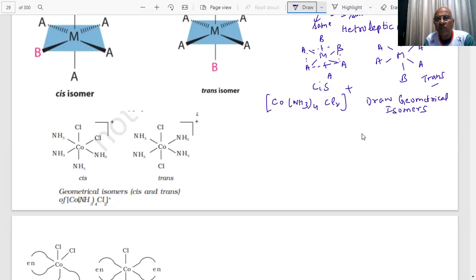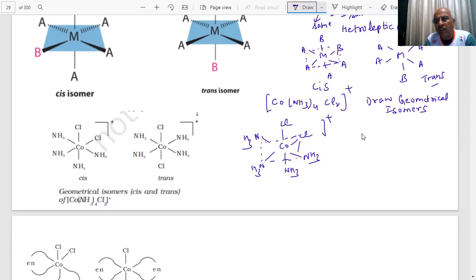How will I draw, student? I told you a very simple thing. What I will do in the exam, student: you already know what octahedral is, something like this. You are aware of this bond, student. This is square planar and like that. I will put Cl. There are two Cl. I put Cl here and Cl. Then the rest four I will put ammonia: NH3, NH3, NH3, NH3, student. There is a +1; I am showing it like that.